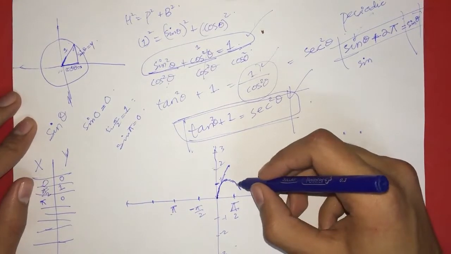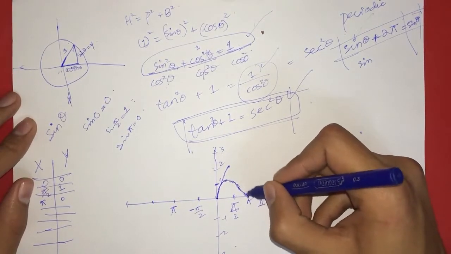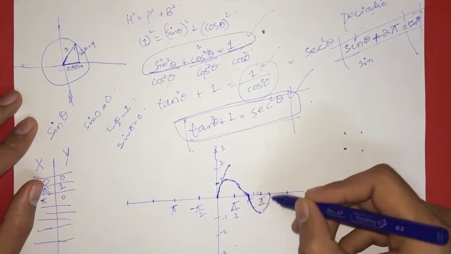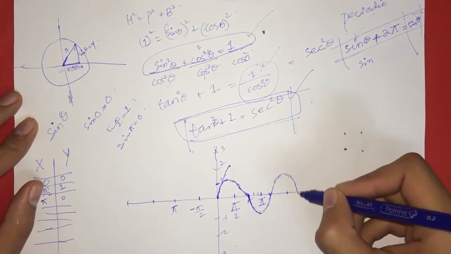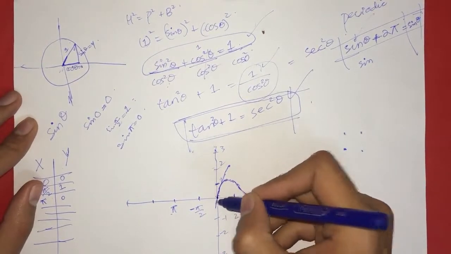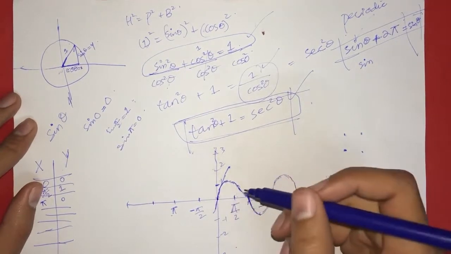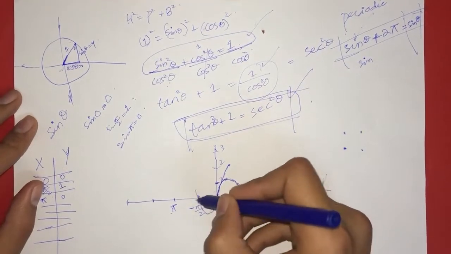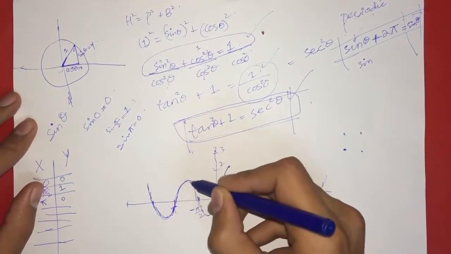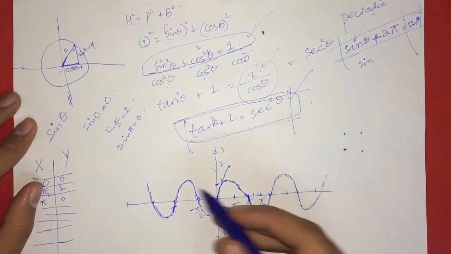And at pi it again becomes 0, and it goes like this, in a period like this. And same here. So this function is actually a periodic function which repeats.